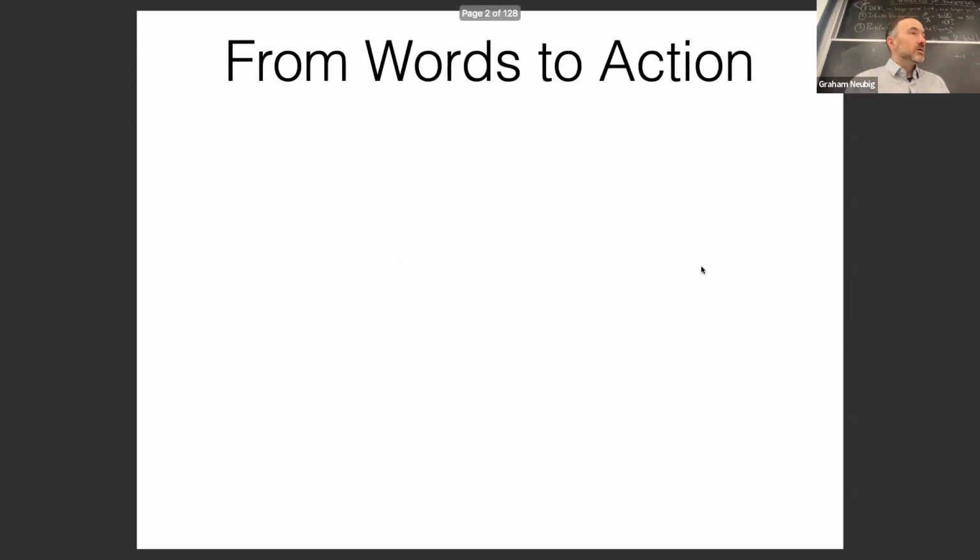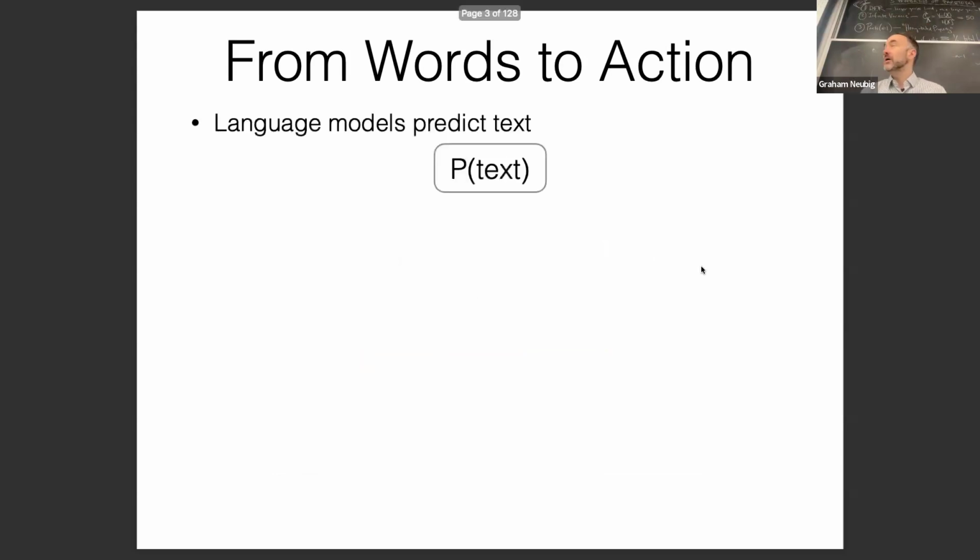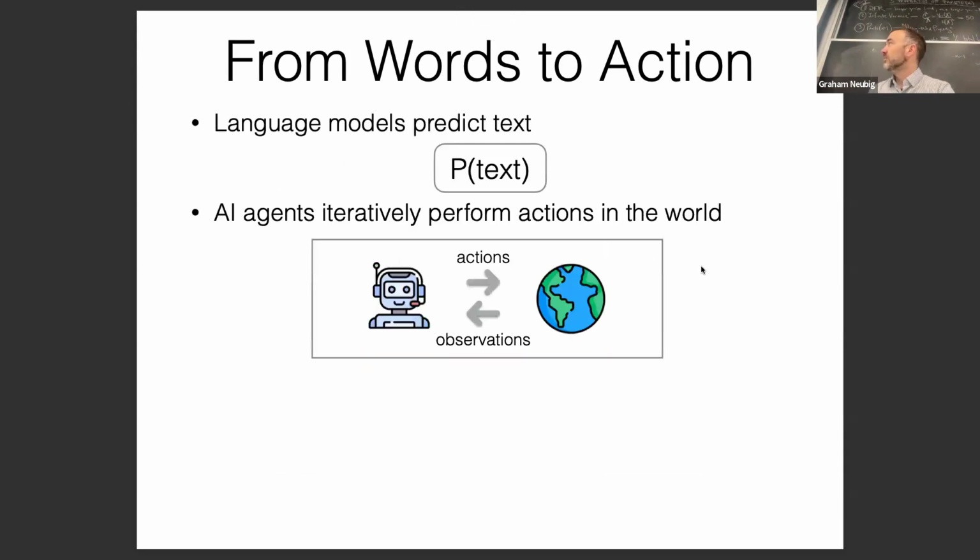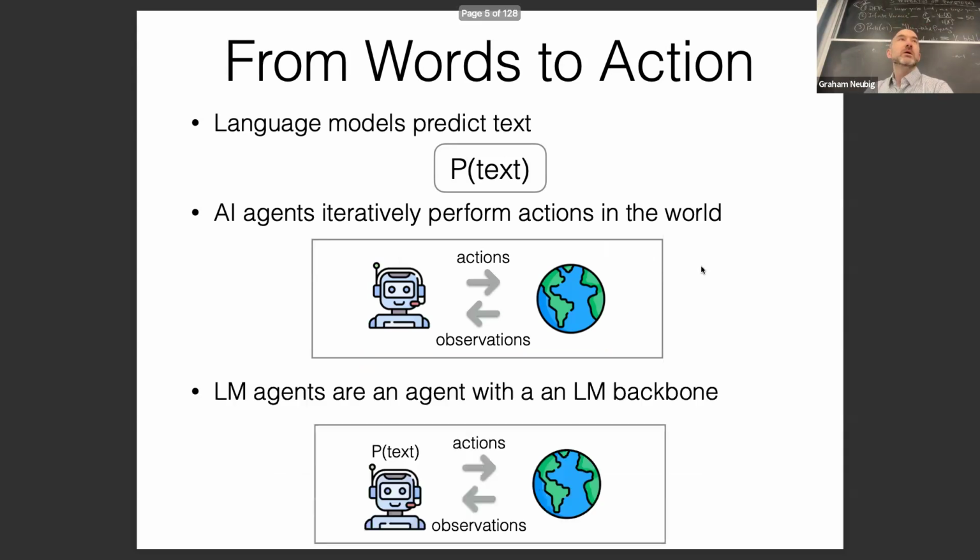Cool, let's get started. So up until now, we've been mostly talking about systems that process language in a vacuum, like language models that predicted text. But what I want to talk about this time is AI agents that iteratively perform actions in the real world.